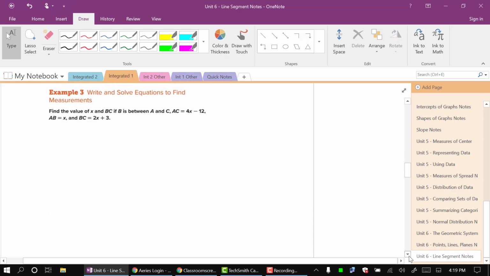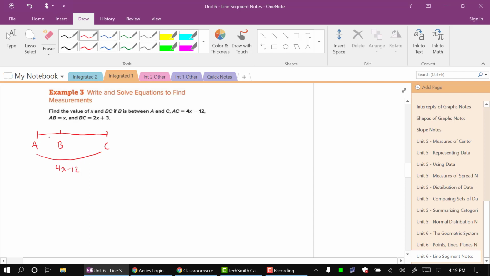Let's take a look at example 3. It says find the value of x and BC if B is between A and C. So we have our line segment. This is A, this is C, and B is somewhere in between. AC, that whole line segment, is 4x minus 12.